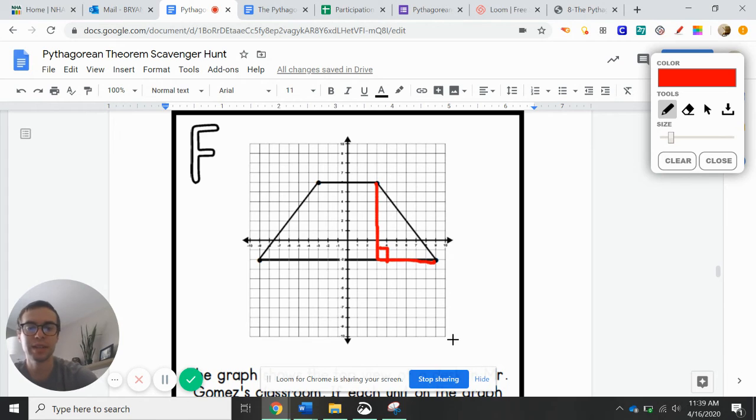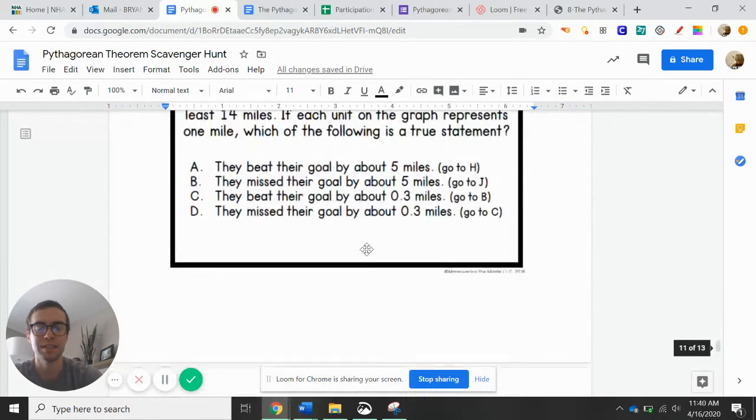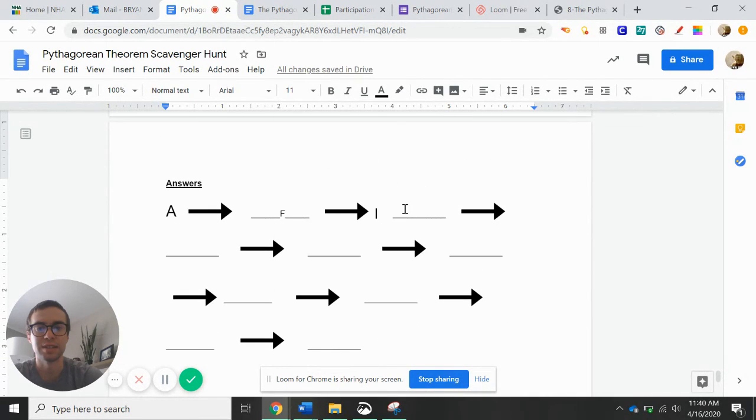So go through there, bring your answers down here and type in your answers, and then return this back to me with your answers in here. You just have to go through all of them and have the right progression. We're all going to start on A. We then would all go to F, and from here on out, you guys need to do it yourself. If you have any questions about this, let me know, and hopefully it goes well.